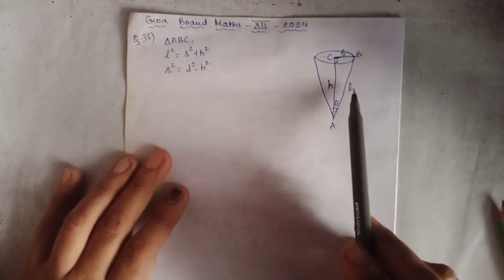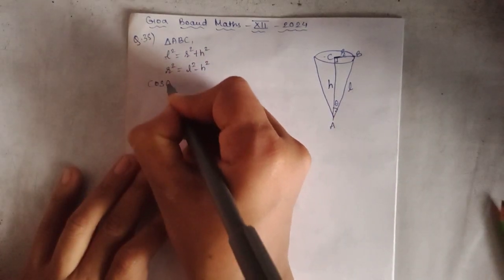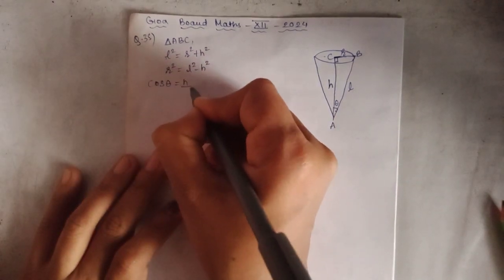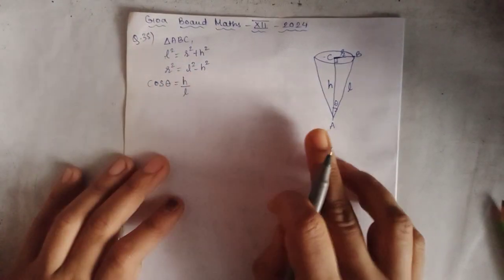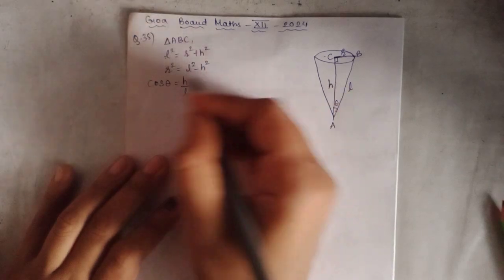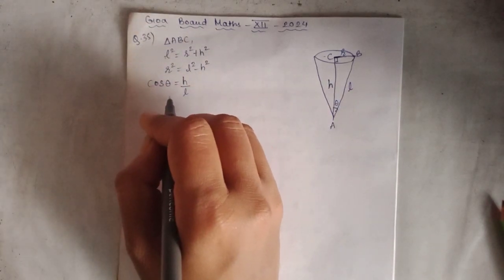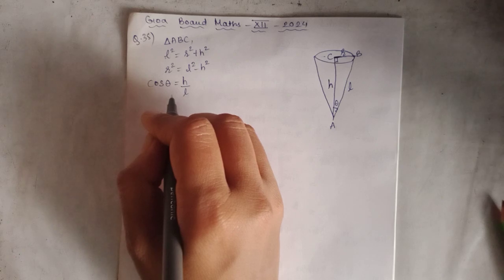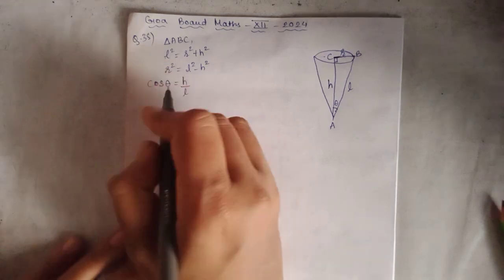Adjacent is H and hypotenuse is L. Okay, so cos theta is H upon L. Now see volume. Because it is given, we have to show that the semi-vertical angle of the cone of maximum volume. Okay, so make use of the volume equation.